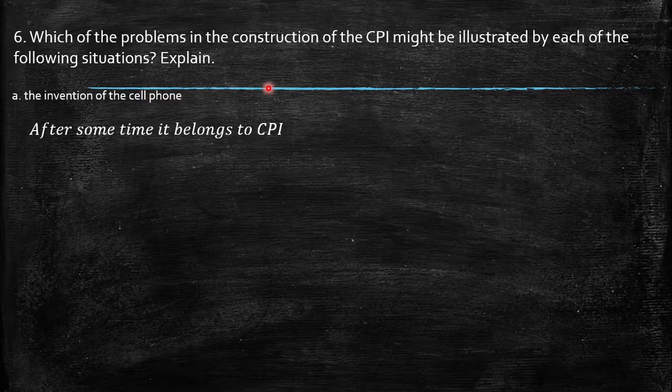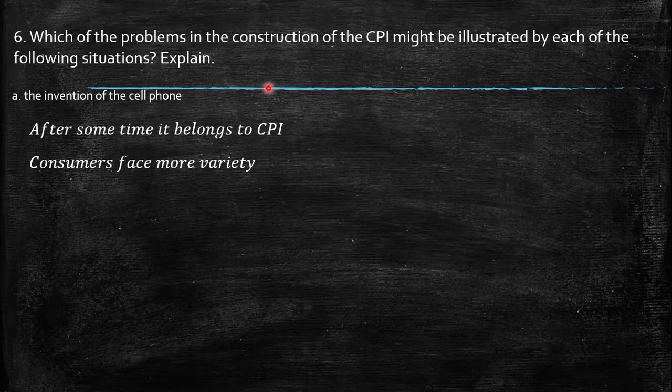After some time, when most people had a cell phone, it went into the CPI. Then these variations in the meantime, obviously, weren't taken into account.